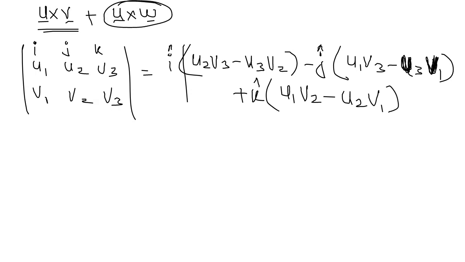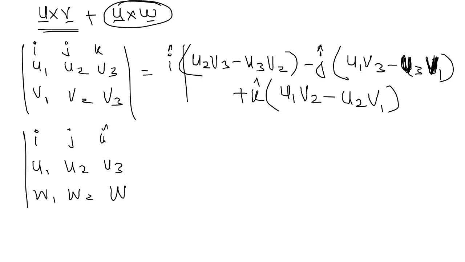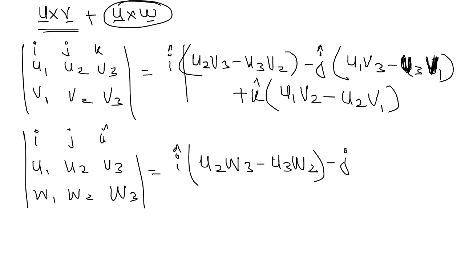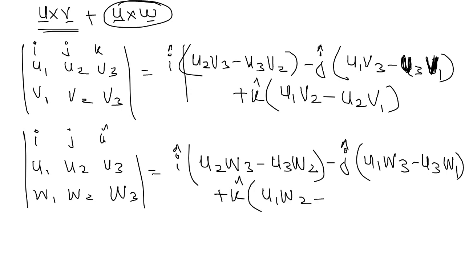Similarly, you can find u cross w, that is i, j, k, u1, u2, u3, w1, w2 and w3. Simplify it and you will get u2 w3 minus u3 w2, minus j, that is u1 w3 minus u3 w1, plus k, u1 w2 minus u2 w1.